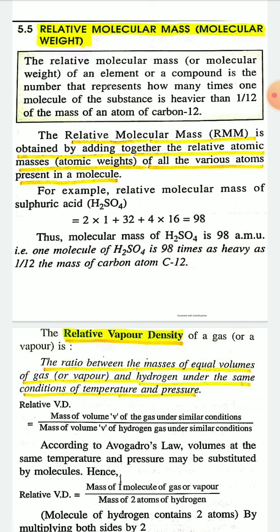Simply, in one word, molecular mass means mass of one molecule. But there is a scientific definition of molecular mass or molecular weight.